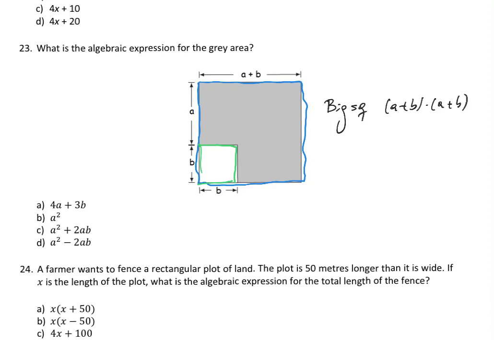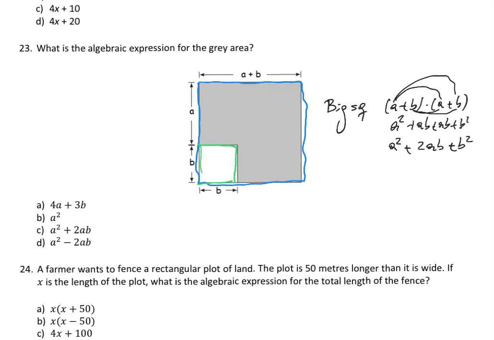So what is the multiplication of that? A times A is A squared, plus AB, plus another AB, plus B squared. Can we simplify that? Yes, 2AB. So the area of the big square is A squared plus 2AB plus B squared.